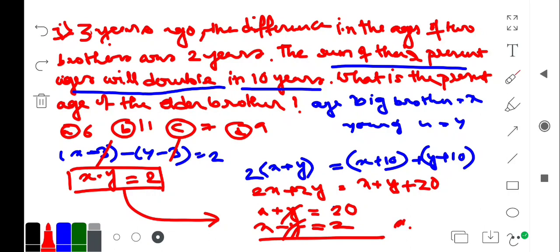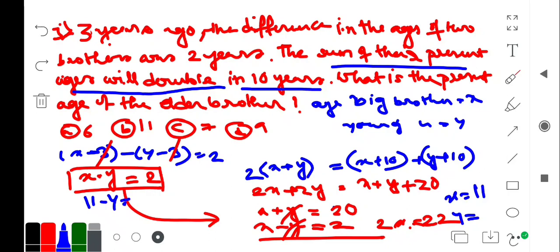So x equal to what? Adding, 20 plus 2 is 2x. So that means x equal to 11 and y equal to, x minus y, that is 11 minus y equal to 2. So y equal to 9.